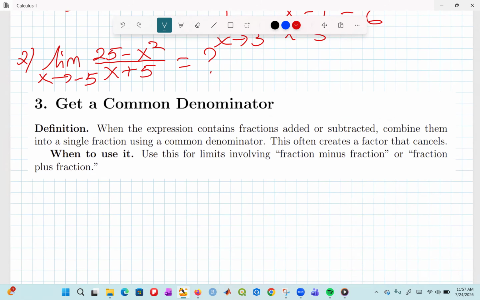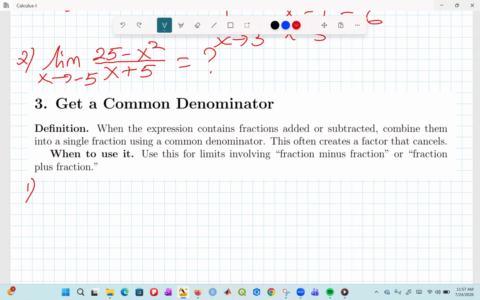Such limits often produce 0 over 0 until the fractions are combined into a single fraction, a rational expression. We have to find a common denominator, combine the terms into one fraction, simplify, and then finally evaluate the limit.